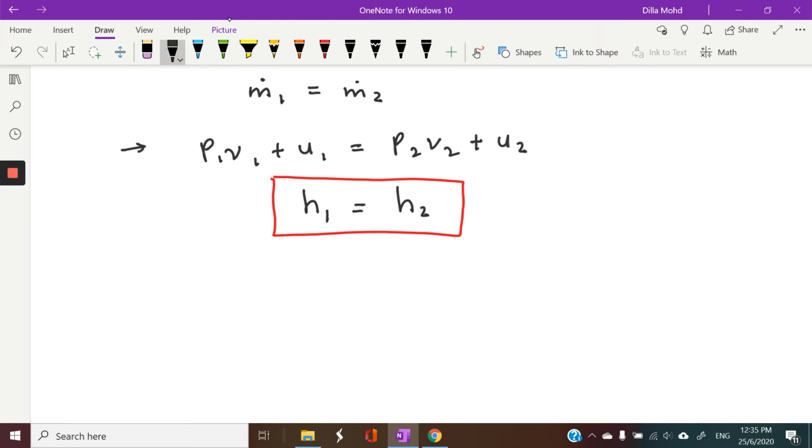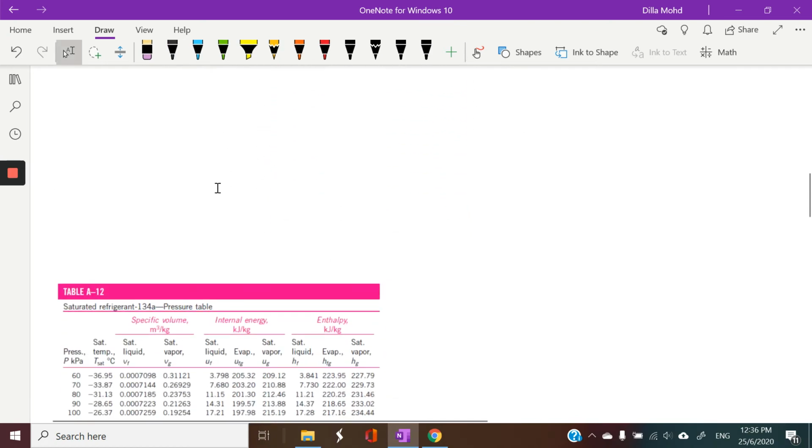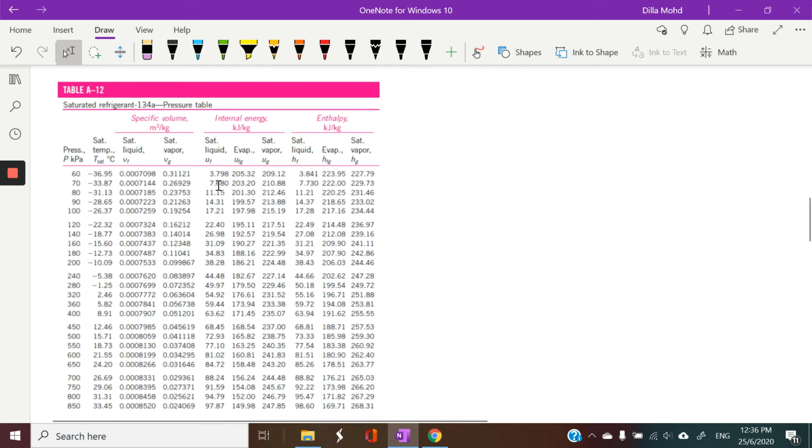Now let's look at the initial condition and the final condition of our throttling valve. We know from the question that our P1 is 700 kilopascal and it is a saturated liquid. Since we have a pressure, we look at the pressure table for refrigerant, which is table A12. Let's look at 700.